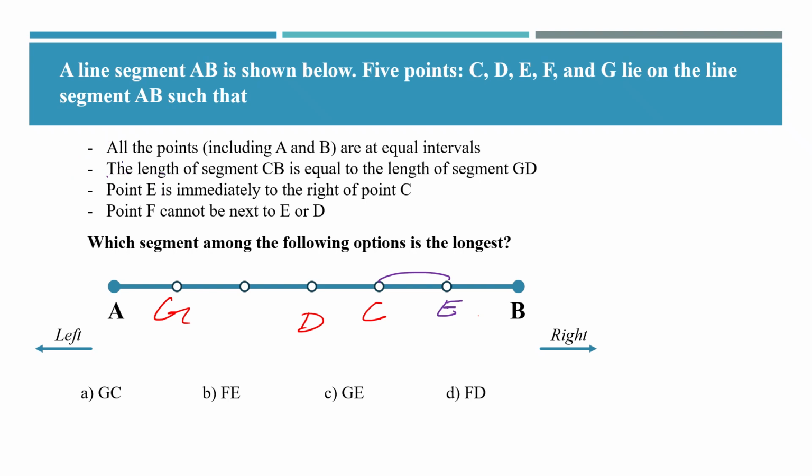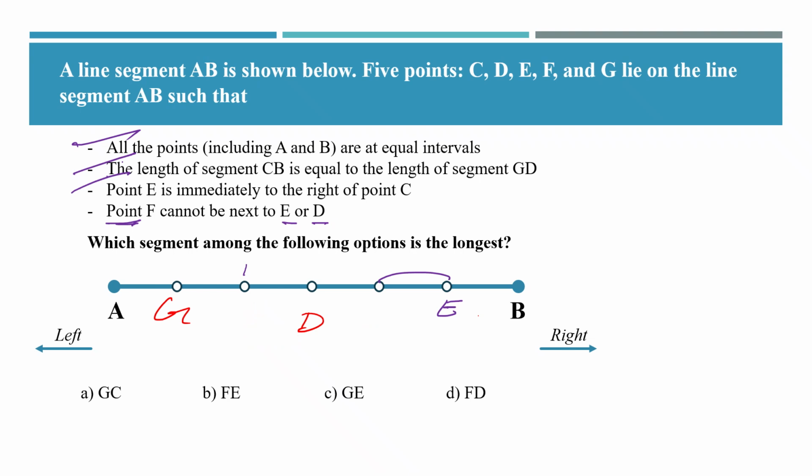What's the next point? We are done with first point, second point, third point. The fourth point is point F cannot be next to E or D. The only option is F to be here, but it should not be next to D. So this arrangement is wrong. Great twist, isn't it? In that case, let us do this.